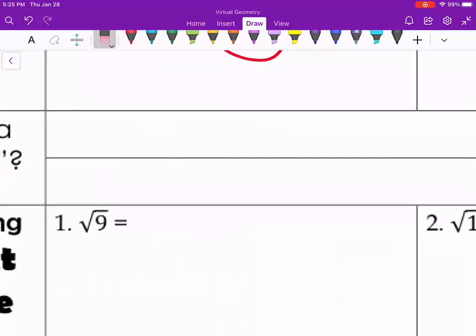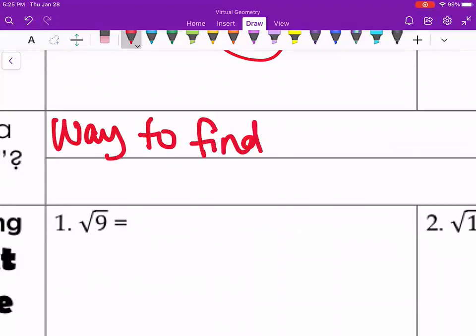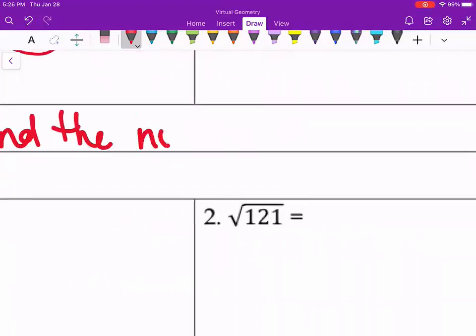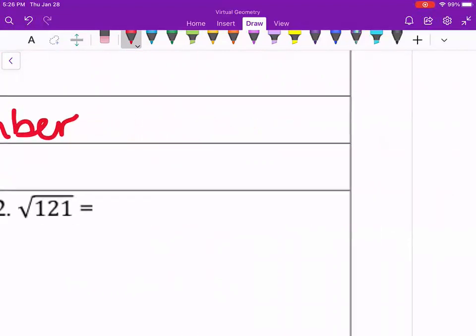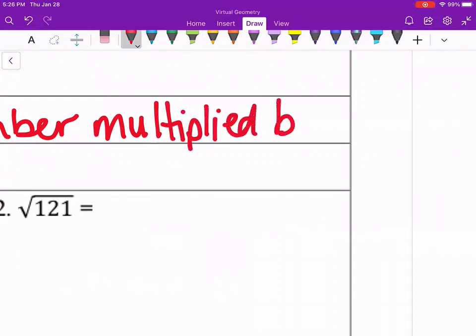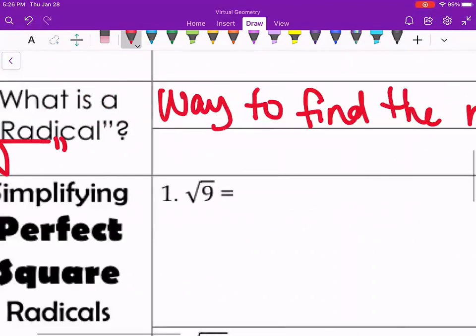Specifically, it is a way to find the number multiplied by itself, to find the inner value.